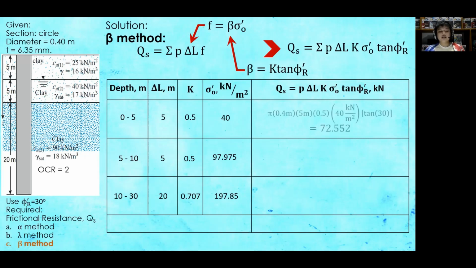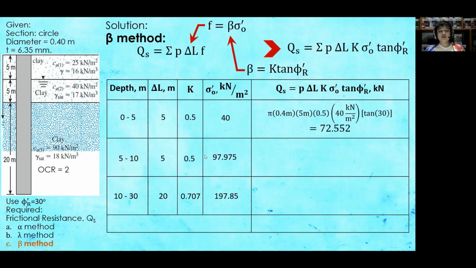So for the first segment from 0 to 5 meters, the perimeter, for a circle, is pi times diameter 0.4, times the segment length, which is 5 meters, times K of 0.5, times sigma O prime of 40. Then multiply that to the tangent of phi prime sub r, for this problem, it is 30. Thus, the first component for QS is 72.552 kilonewtons.